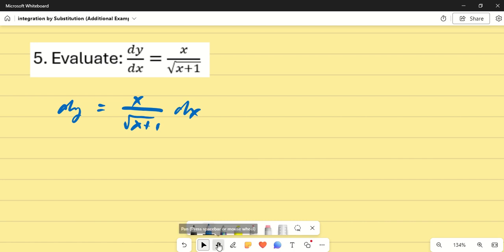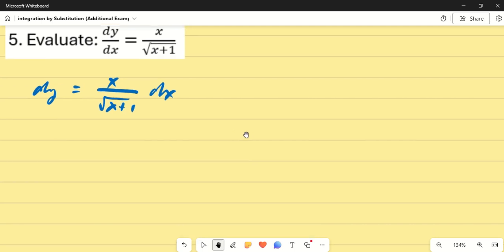So again, we let u be equal to the expression in our radical, and it can also be found in the denominator. So you let u here be equal to your x plus 1, and then we get the derivative of u, and the derivative of x plus 1 is 1.